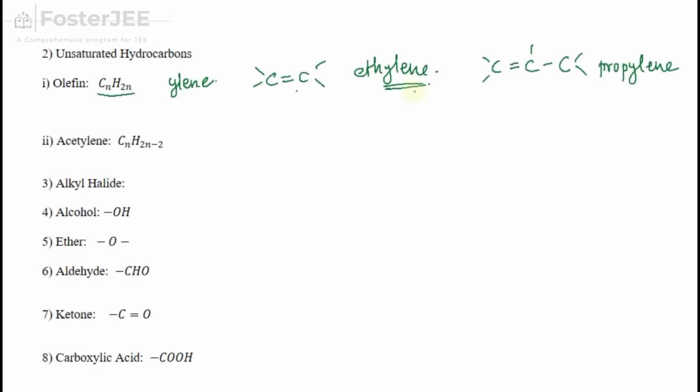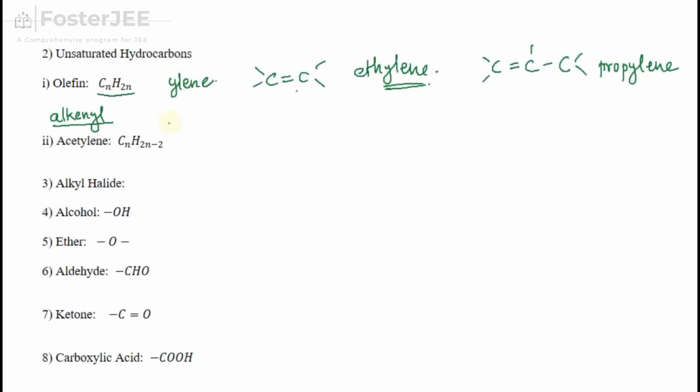Okay, now the alkenyl groups are obtained from alkene. It is similar to alkyl radical. So alkenyl groups are obtained from the removal of one hydrogen from alkene.